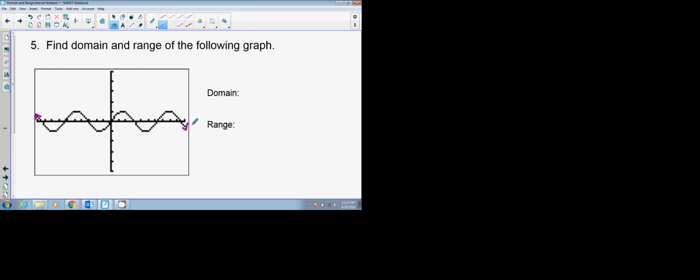As for a range, we're looking at the height of the graph. So the smallest possible y actually occurs a few times, but it's at the same point each time. So my smallest possible y is -1. My largest possible y, again, occurs a few times, but notice it's all at the same point of 1.